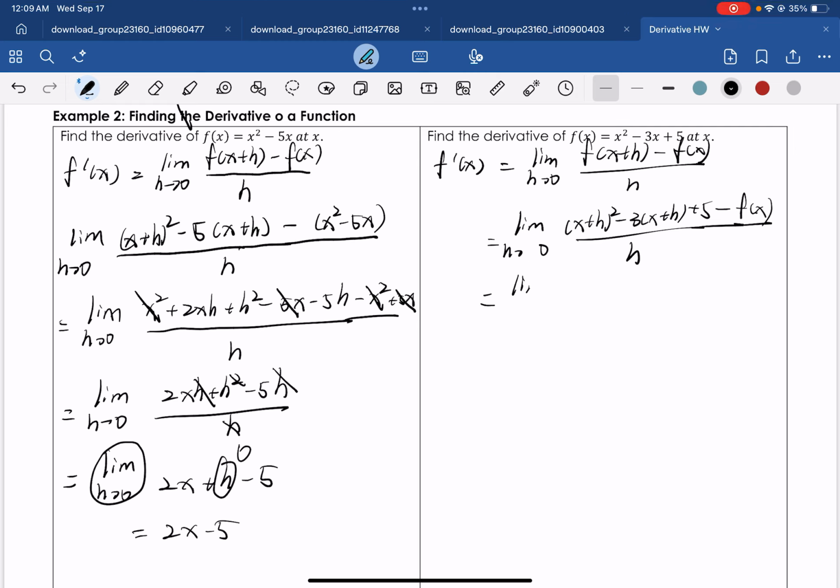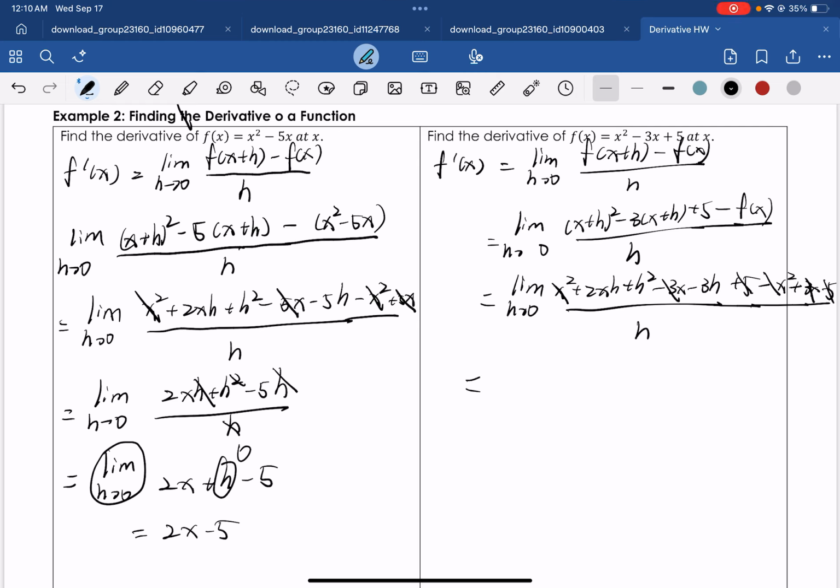So we get the limit as h approaches 0 of x squared plus 2xh plus h squared minus 3x minus 3h plus 5, and then we minus the original function, which is minus x squared plus 3x minus 5. So negative 5 and 5 cancel out, negative 3x and positive 3x cancel out, x squared and negative x squared cancel out.